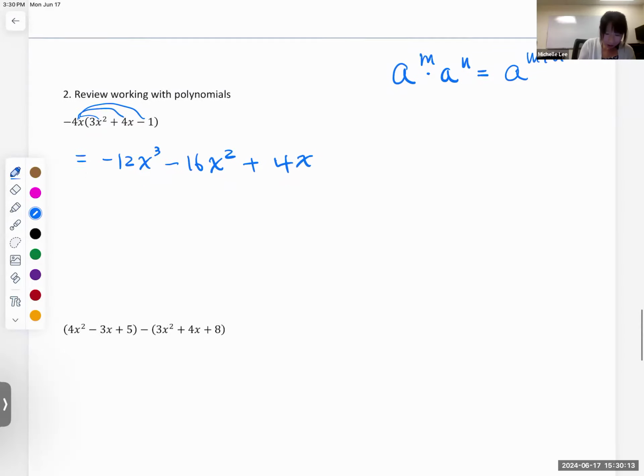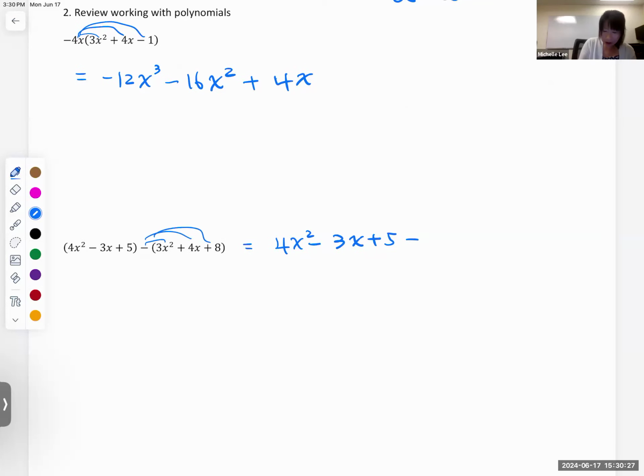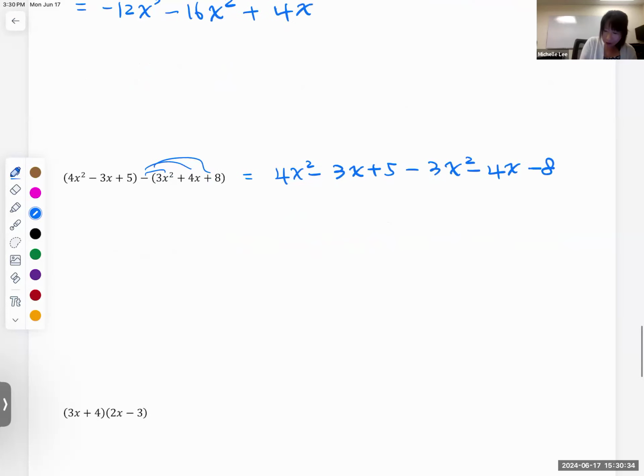Okay, now this one we have a subtraction. So let's take out the parentheses. That means 4x squared minus 3x plus 5 minus. So we distribute, and we get 3x squared minus 4x minus 8. Then there will be combining like terms.